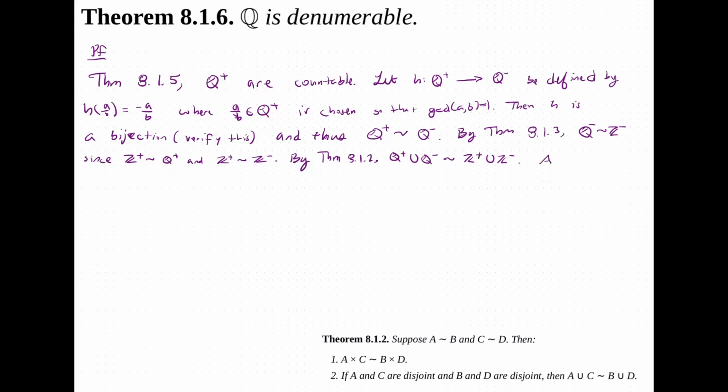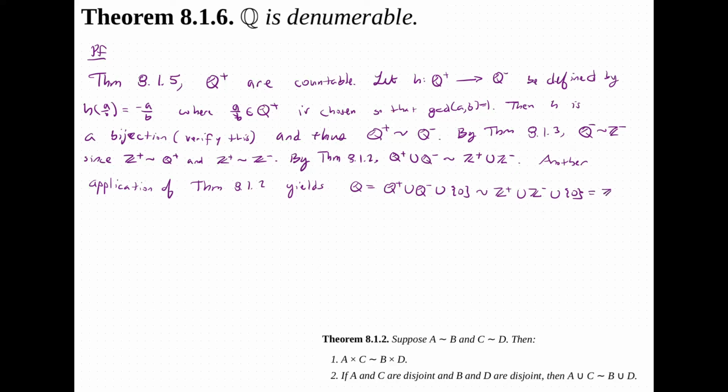So another application of theorem 812 yields that the rational numbers, which is equal to the positive rational numbers union the negative rational numbers union the set containing 0, is equinumerous to the positive integers union the negative integers union 0.